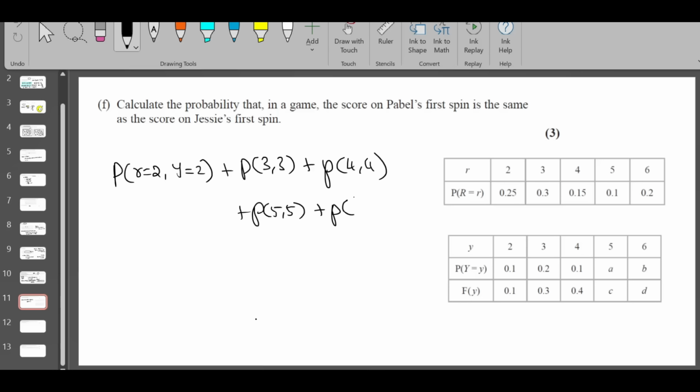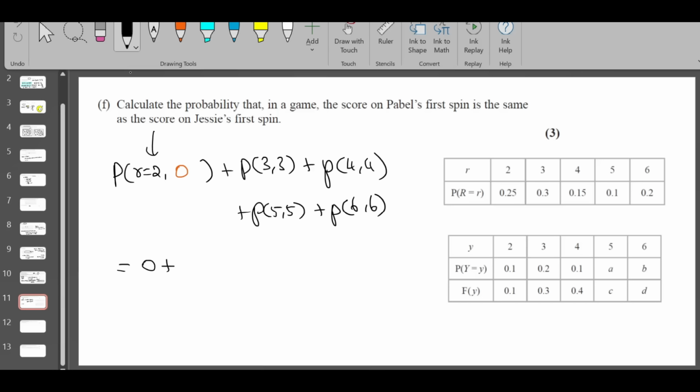Or 6, 6. You need to take the corresponding probabilities, multiply them and sum up everything. But here this will not happen because once Pebble got 2 when he spins, Jessie will not get a chance because he won the game and the game ends actually. She will not get a chance. So here we need to put it as 0. So when you take the probability of this multiplied by 0, it becomes 0.